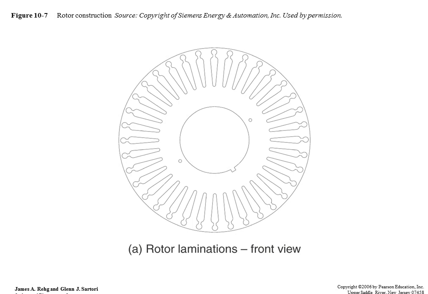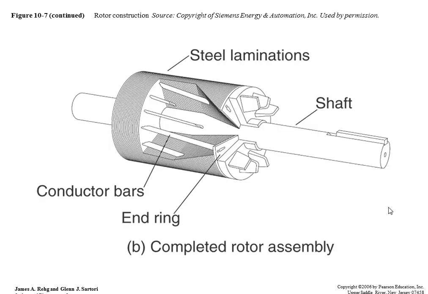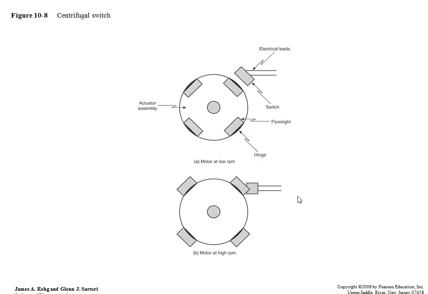I'm going to make a north-south magnet in my synchronous motor that's going to follow the other one. But in a squirrel cage motor, I'm not going to do that. So here I've got steel laminations going through there, and those are my conducting bars, and that's where currents are going to flow to allow magnetic fields to form. The magnetic fields interacting with each other is what makes the motor go round.